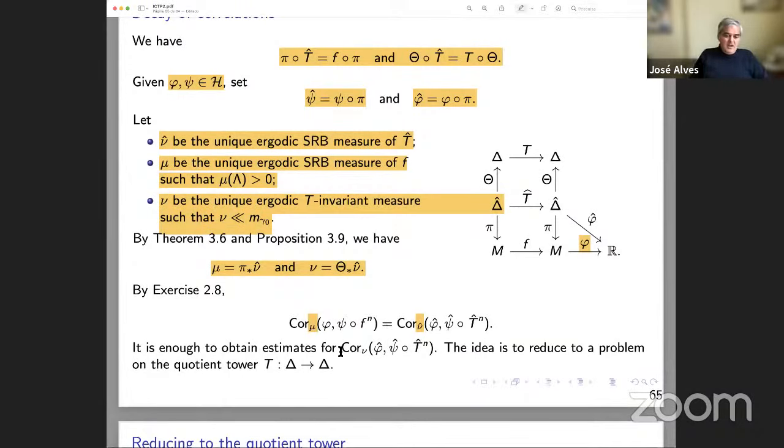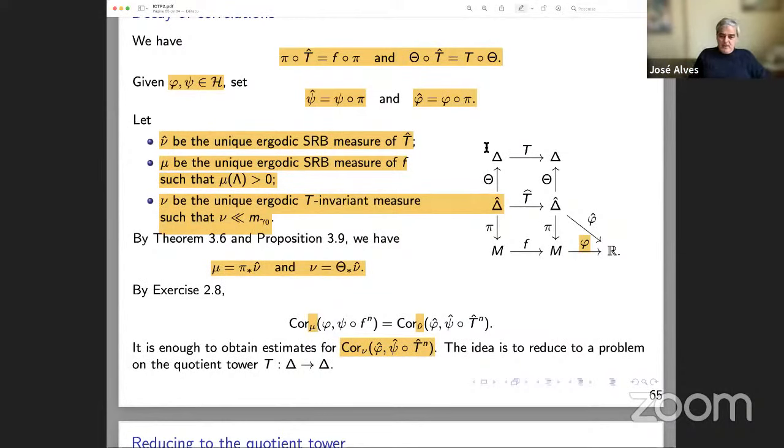So it's enough to obtain estimates for the tower system. The idea here is to reduce to a problem on the quotient tower. And you could say, well, maybe this is easy because we also have a semi-conjugacy between the tower and the quotient tower. We use what we already know for the quotient tower from the previous lecture, and deduce it for the new tower, and so for the original system.